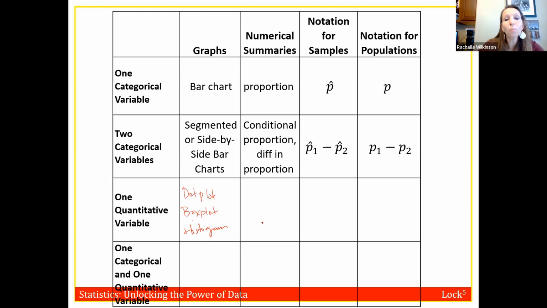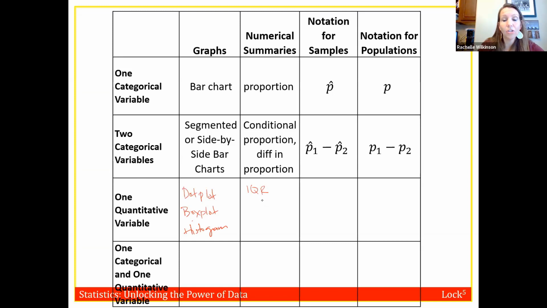Okay, then when we think about numerical summaries for 1 quantitative variable, what kind of numerical summaries do we have? We talked about several, so there's lots of right answers on this one. Maybe it'll help if you first think, okay, the IQR, yep, IQR is 1. Okay, the 5-number summary, standard deviation, good.